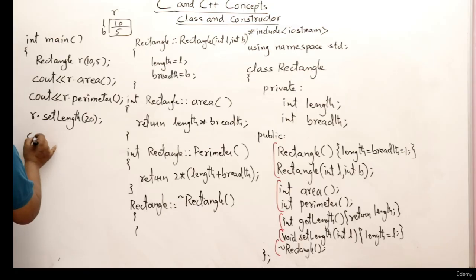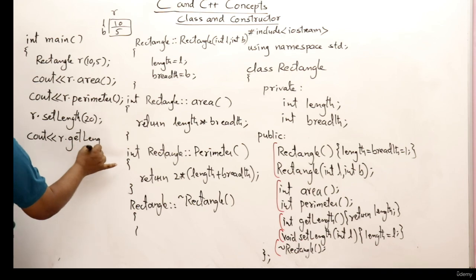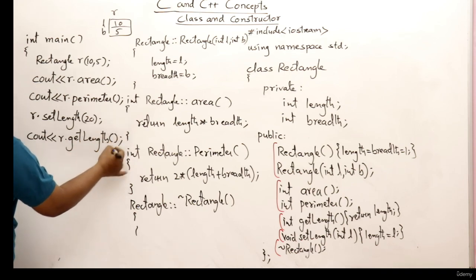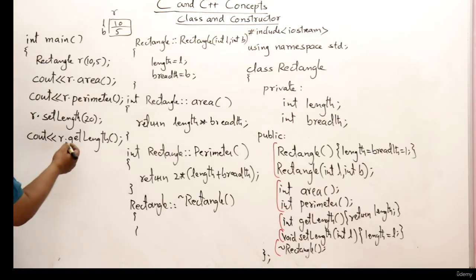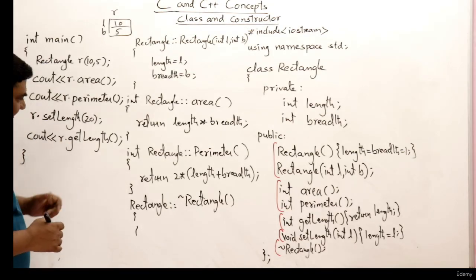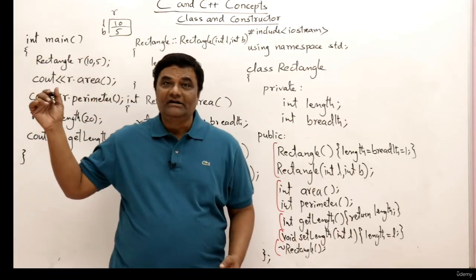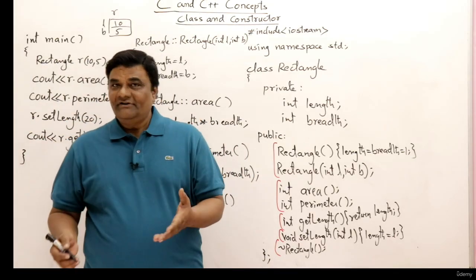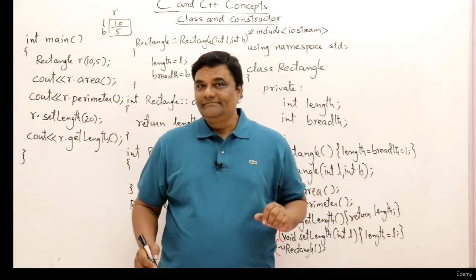Now if I want to display the length, then I can say cout r dot get length. The length will be displayed. This function will return the length and cout will display it. So this is the end of the main function. Now once the main function ends, this destructor will be automatically called because the object is going outside the scope. The function ends, so the destructor will be called because the object will be destroyed.